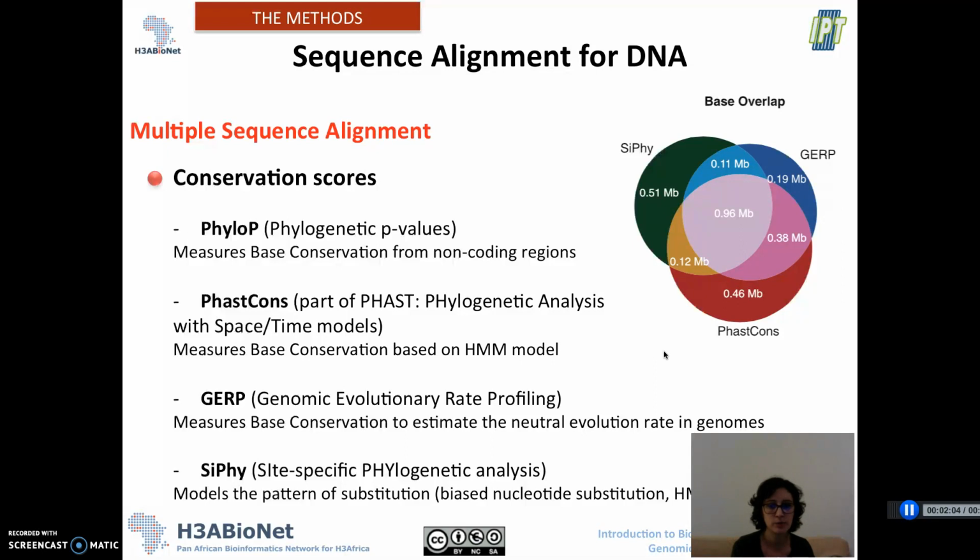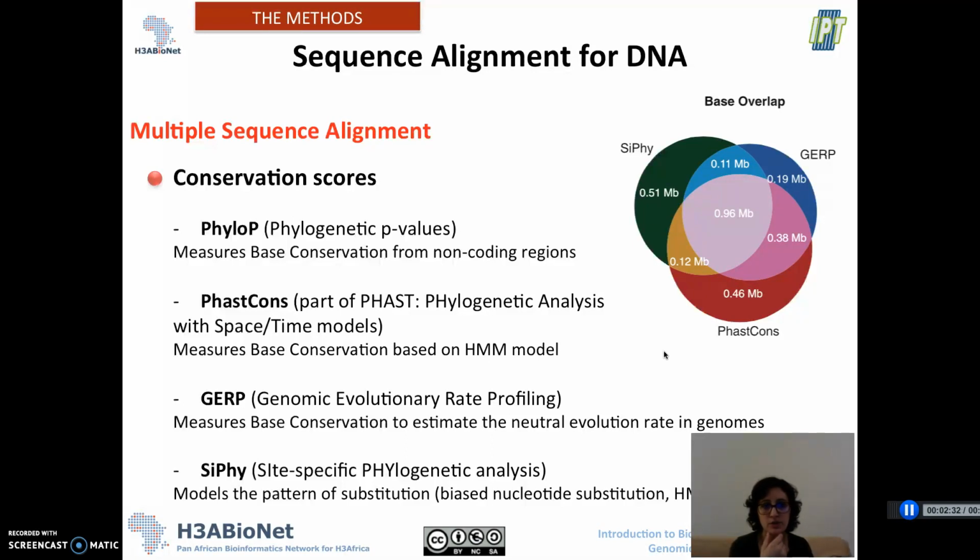And this would help you evaluate the neutral evolution rate. Because we have an evolutionary relationship between the sequences, the GERP score and the variance proportion in that sequence would be related. So basically, the higher the score, the less variation there would be in the sequence.